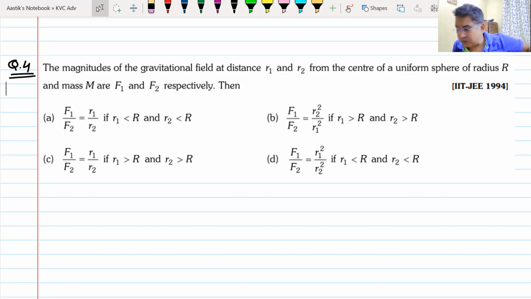They will try to confuse you in whatever ways they can. If you are smart enough, you will not get confused. So what is the answer for this one? And it is a multiple choice correct, so it can have more than one correct option.